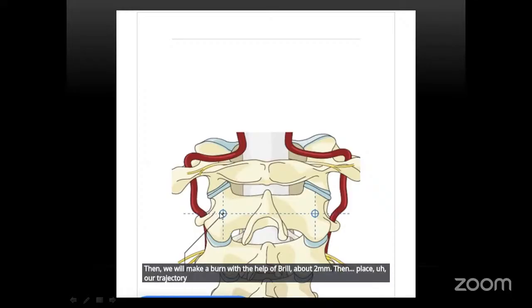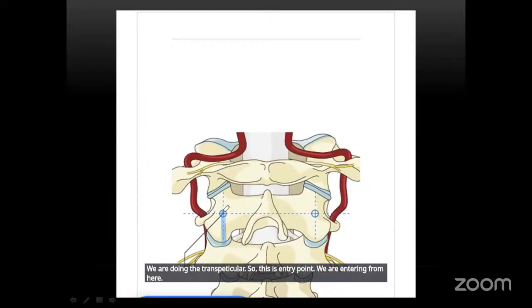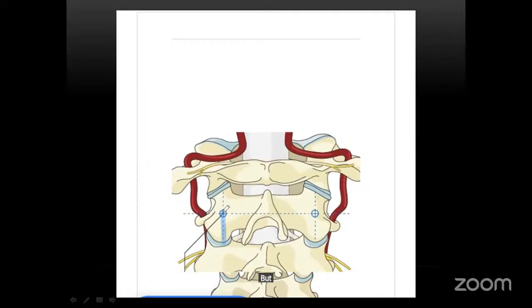We are doing the transpedicular. So this is the entry point. We are entering from here, but this will be the lateral mass and here will be the pedicle, and here will be the odontoid.